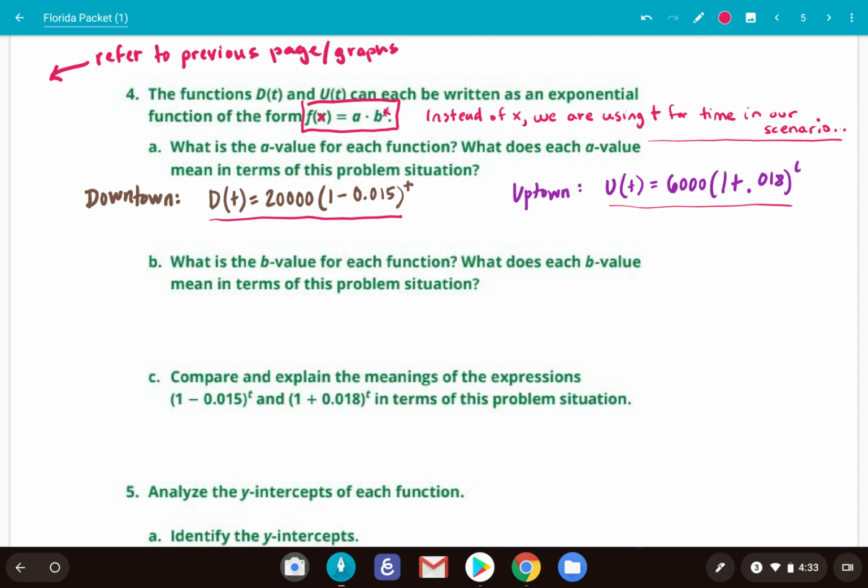f of x is equal to a times b to the x power. And if you remember from earlier, the a is your starting value or starting amount, and b is your growth rate.